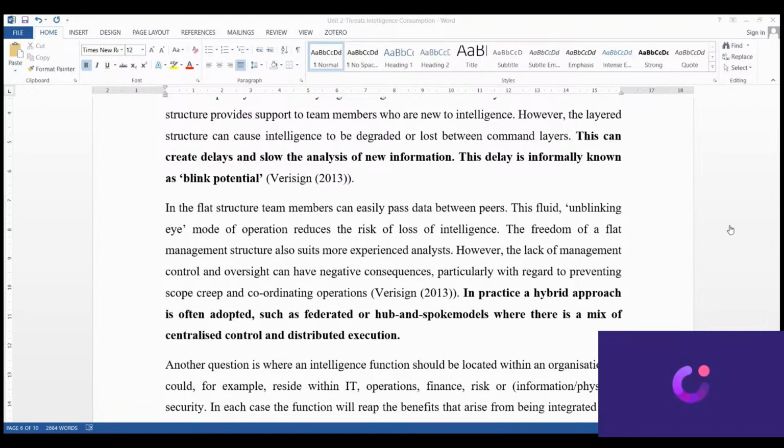Looking at the negative aspects of each of these models, the hybrid is often recommended, where you at least take advantage of both models.